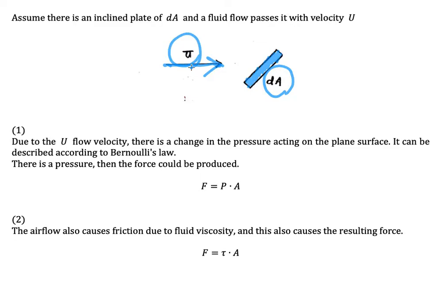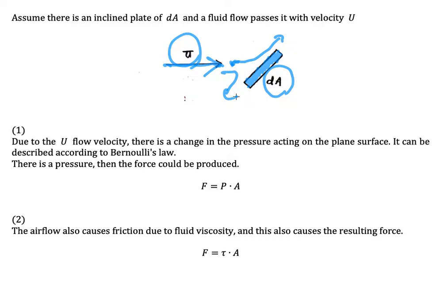Then we could say that it will give us two types of force. One, when the flow goes up and goes down like this, it will change the velocity. If the velocity changes, the pressure also changes.